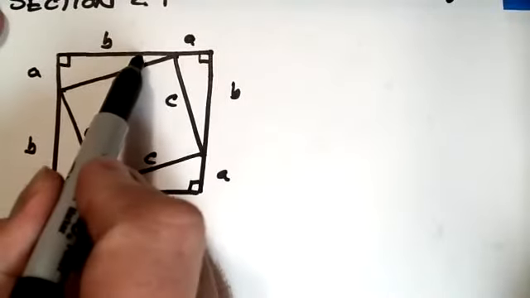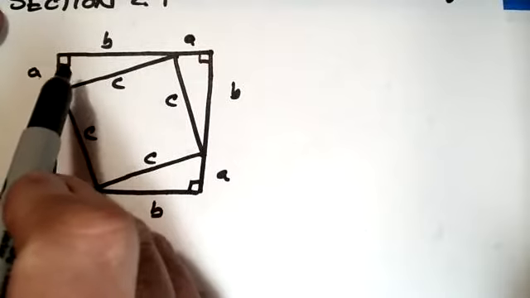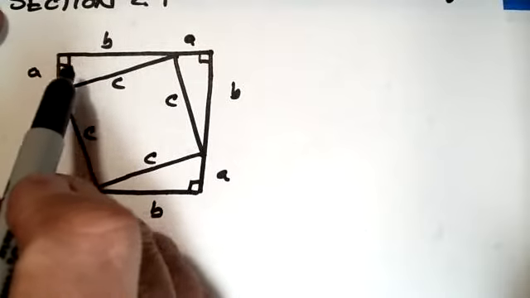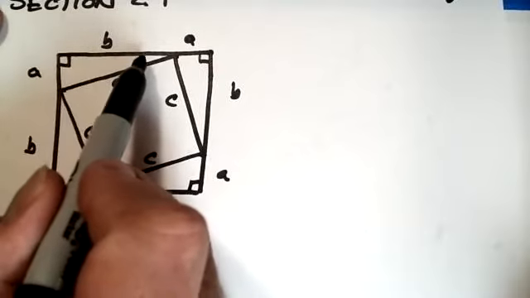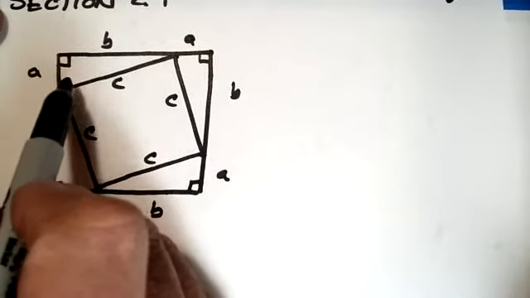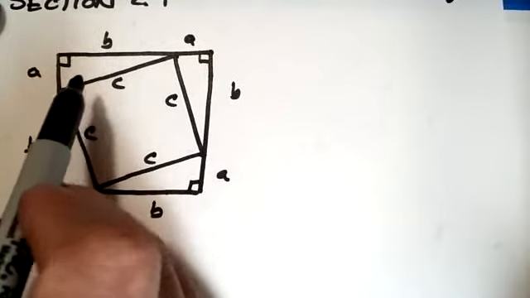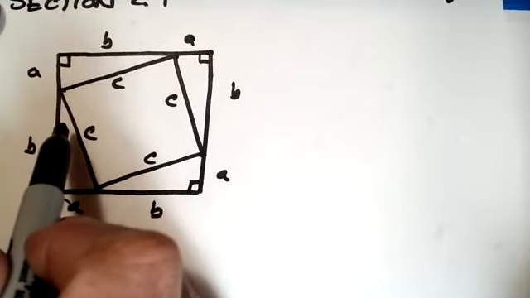The sum of this angle and this angle has to be 90 degrees, right? Because the sum of the interior angles of the triangle is 180, and 90 of it is taken away by a right angle. So you have this more shallow angle and the little bit more obtuse angle, but they're still acute. But notice this angle and this angle are the same angle.